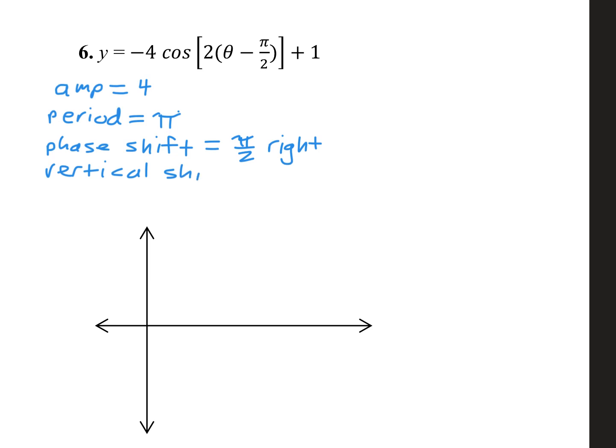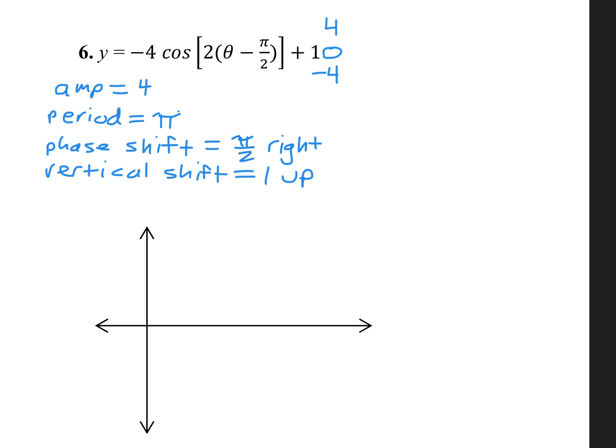And we have a vertical shift of 1 up. All right, with an amplitude of 4, we usually go up to 4. 0 is our middle level, and -4 is our bottom level.